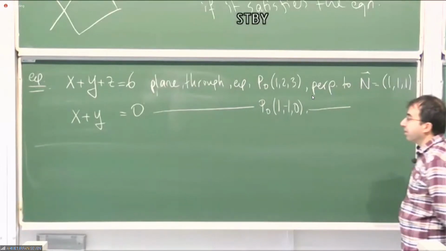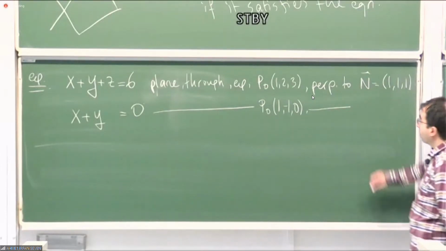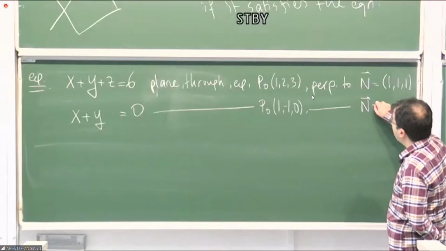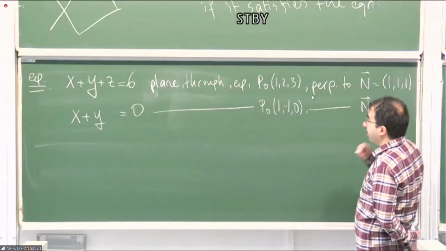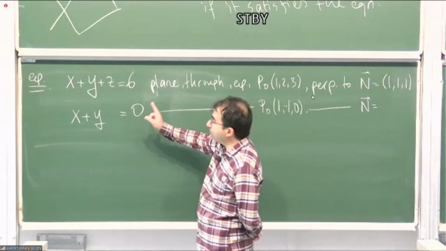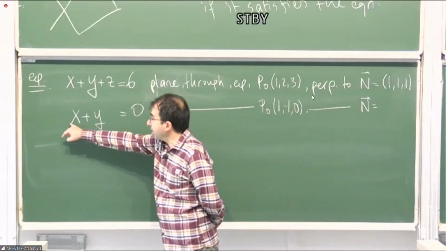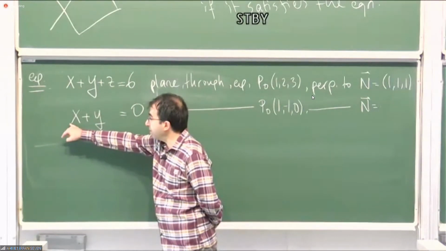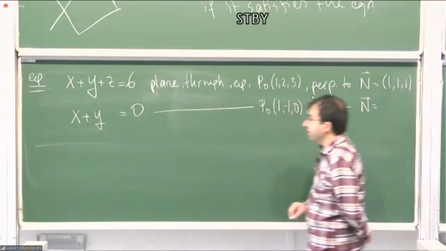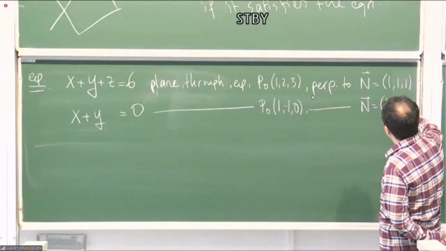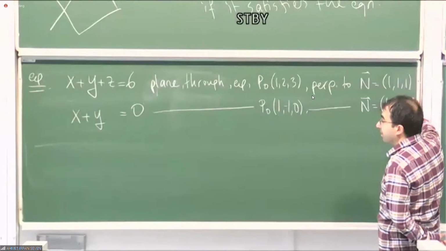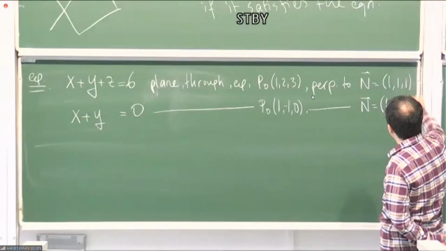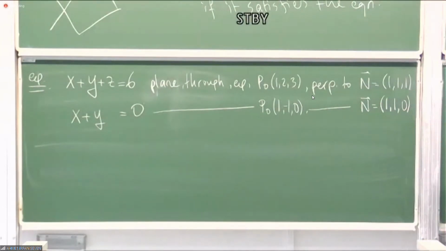Perpendicular to what vector? Normal vector. Well, remember, we will read this normal vector from the equation. So this normal vector will be the vector whose components are the numbers in front of the variables x, y, and z. There is 1, there is 1, and z does not appear. This means there is 0 in front. So (1, 1, 0). x plus y equals 0.